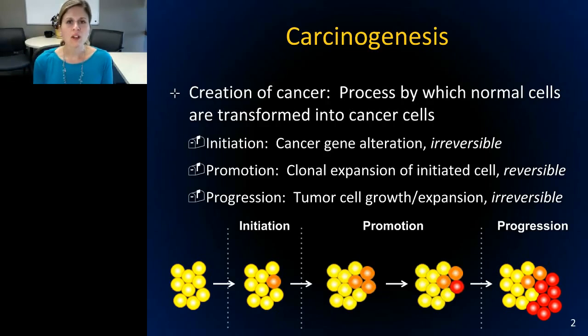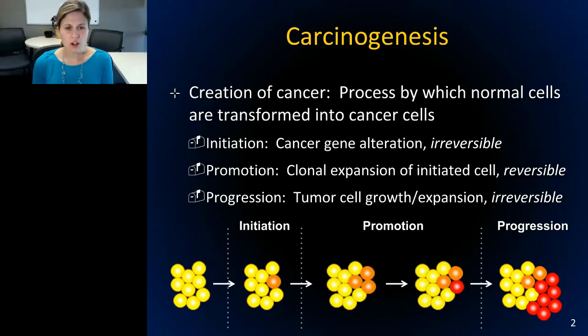The environment of the cell has to be perfect for promotion to move forward. If you change the environment of the cell, take away the factor that has allowed for that cell to be able to multiply, then you have stopped the ability of promotion. So this phase of carcinogenesis is reversible.